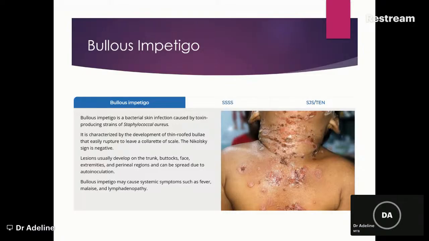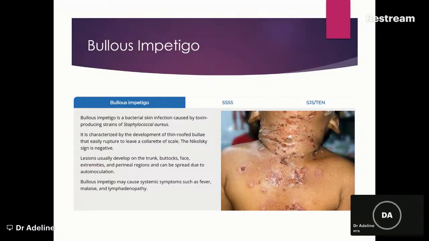Another condition is bullous impetigo, which is also a bacterial condition. This is also caused by toxin-producing strains of Staph aureus. It is mainly characterized by the development of thin-roofed bullae that easily rupture and form a collarette of scale around them.